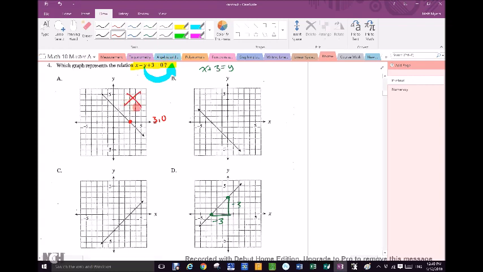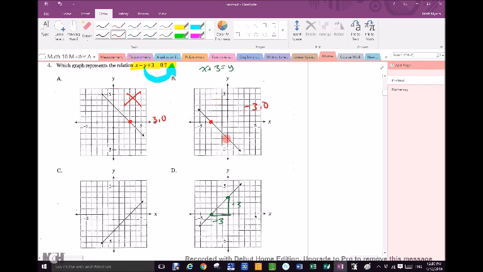No, so that can't be the right graph. That point right there, (-3, 0). Is -3 minus 0 plus 3 equal to 0? Is -3 plus 3 equal to 0? Yes. So this one might have worked.